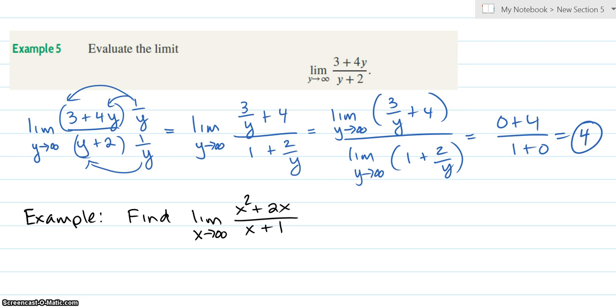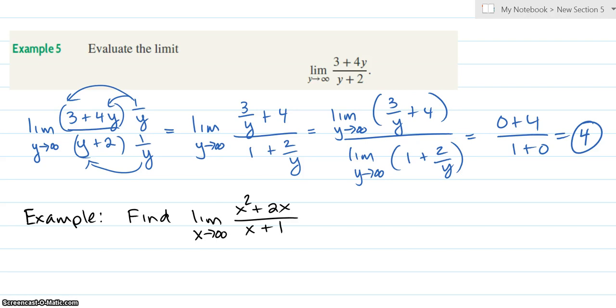On this example, the numerator is a higher power than the denominator. So my guess, I think it's obvious, is that it would go to infinity. And you can see this if you graph this on the calculator, that there is no horizontal asymptote when the numerator is higher than the denominator.